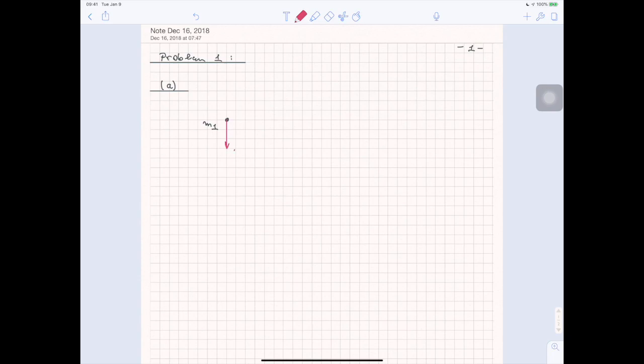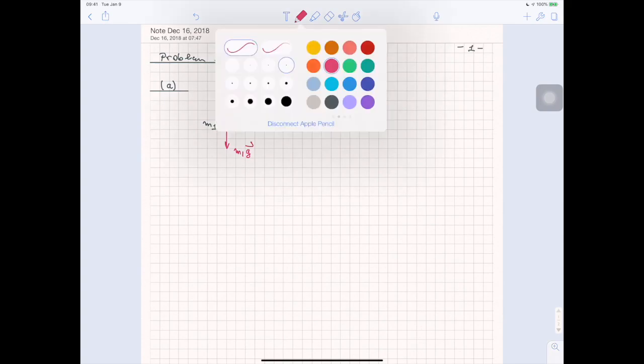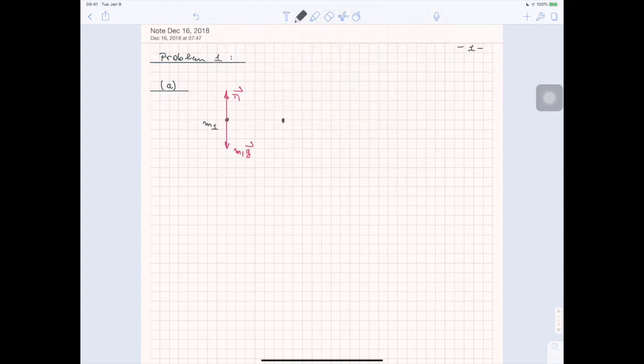So this here is m1g, and then the tension in the string, T1. And then we have the same thing now for mass m2. Same type of forces, gravitational force, m2g, and the tension in the string.